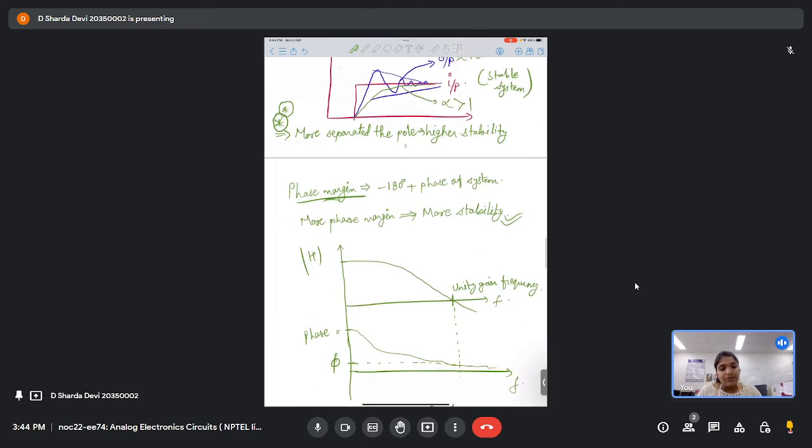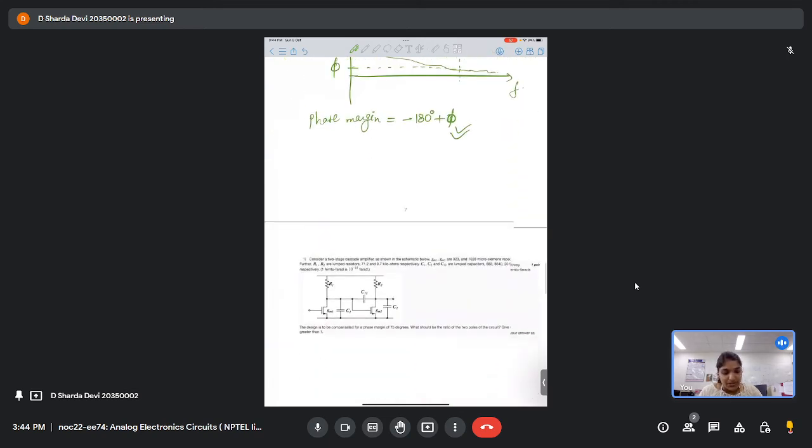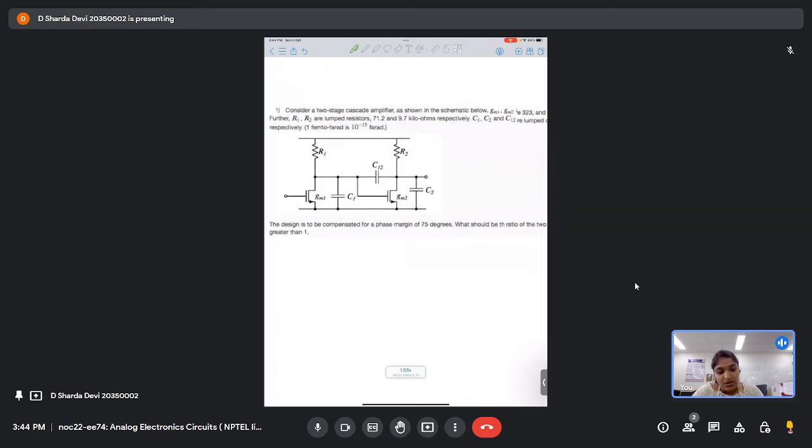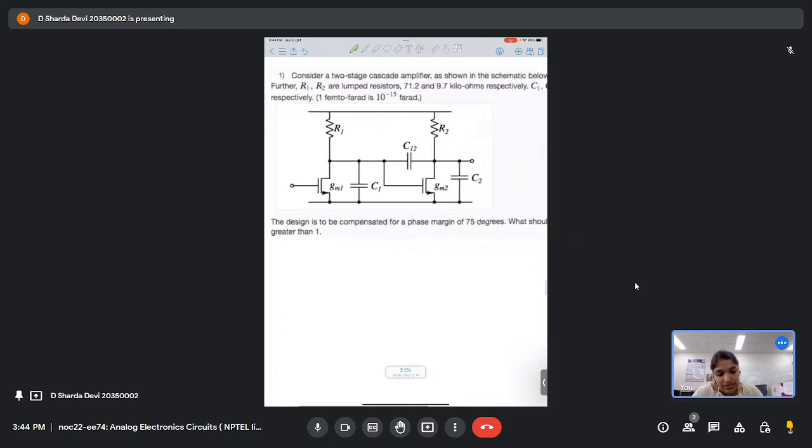Now, why do we need to consider this? This question basically comes to mind, so let's look into it first. Here we have the circuit, in which both transistors are MOSFETs, and here we have drain, source, gate, drain, source, gate.